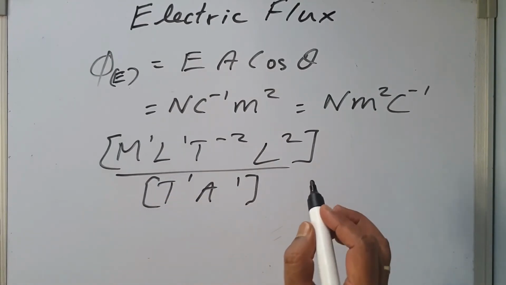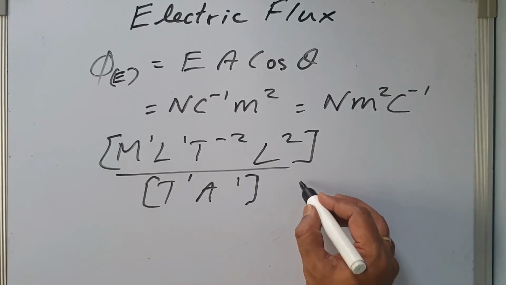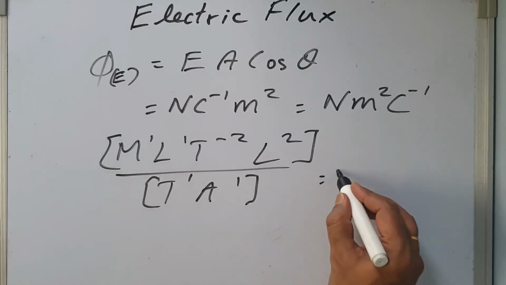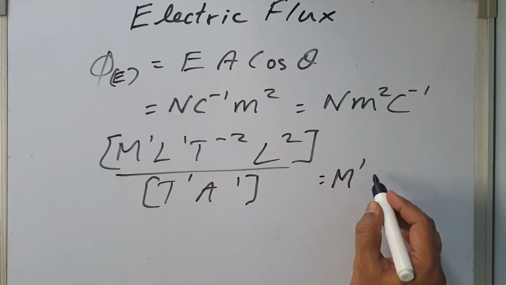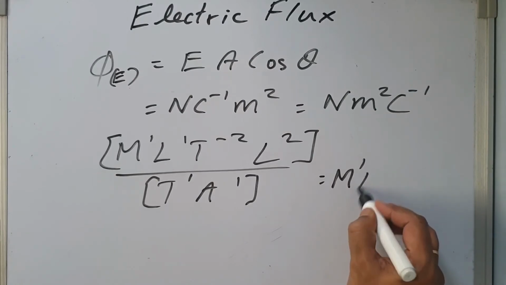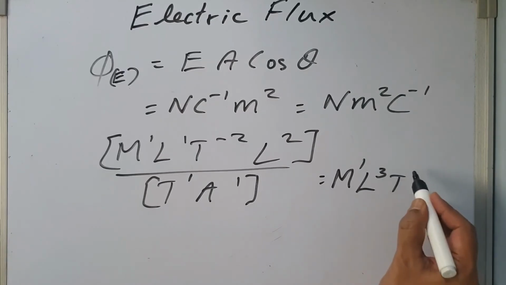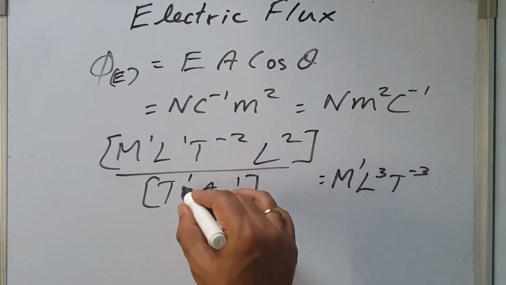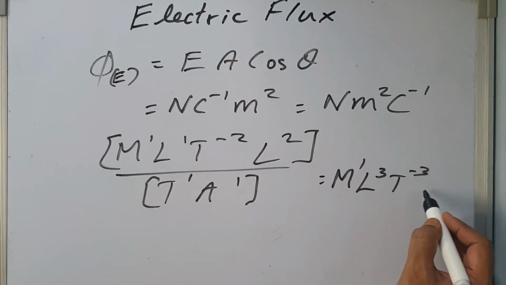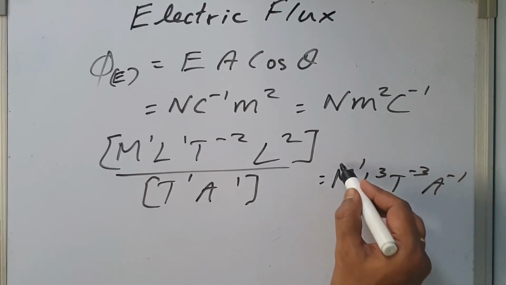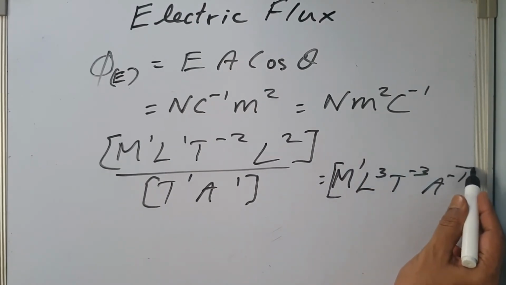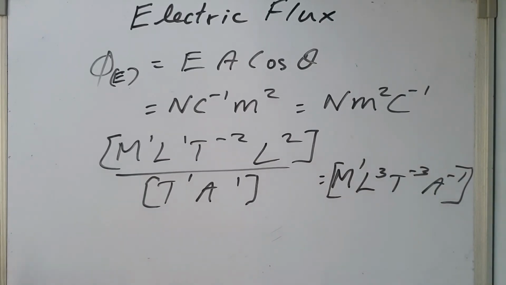Therefore, what do we get as the dimensional formula? M1 L3 T minus 3 A minus 1, because minus 2 minus 1 gives minus 3. So that is the dimensional formula of electric flux.